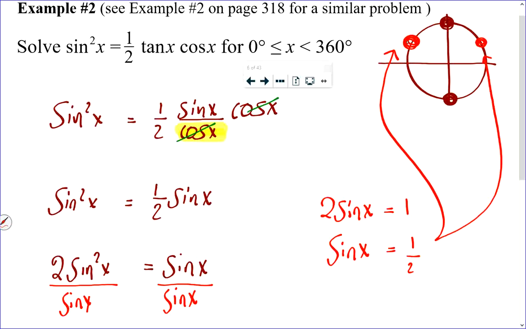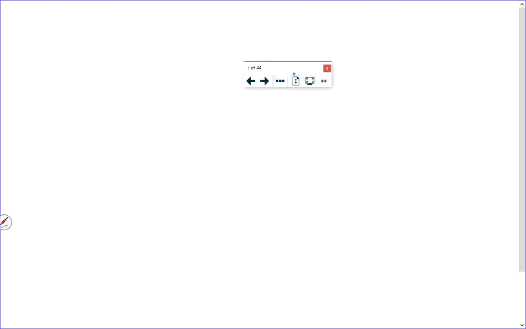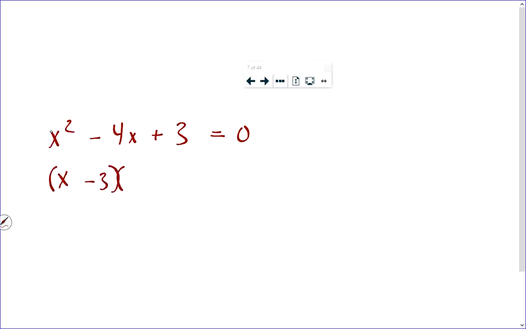What this person has done is the equivalent, everybody, of this. And as soon as I show you this, you'll go, well, of course, I would never do that. Let's say you have the following quadratic equation. And you factor it. We know there are 2 solutions, right?